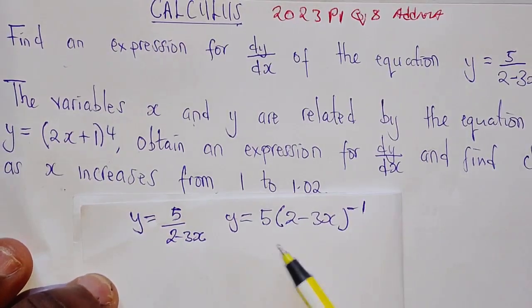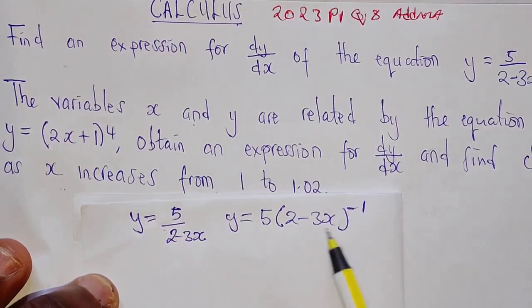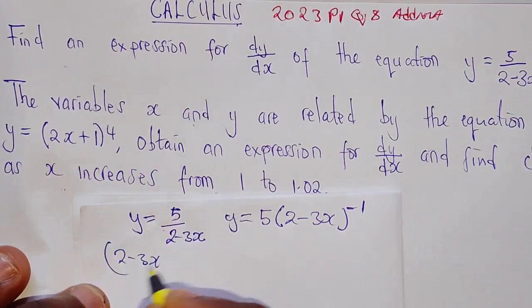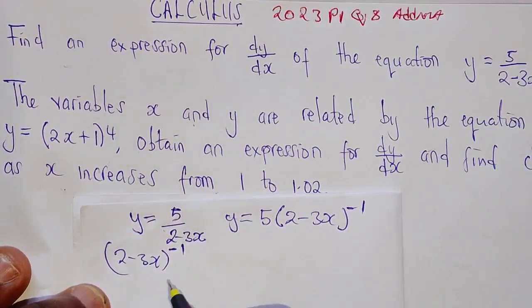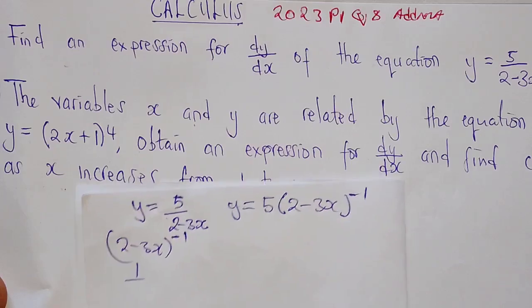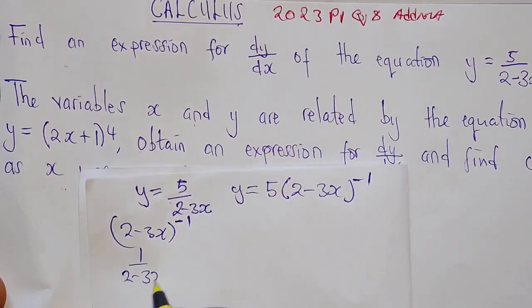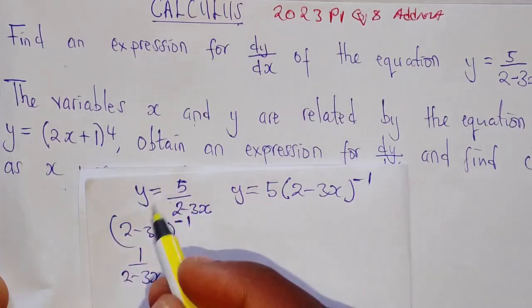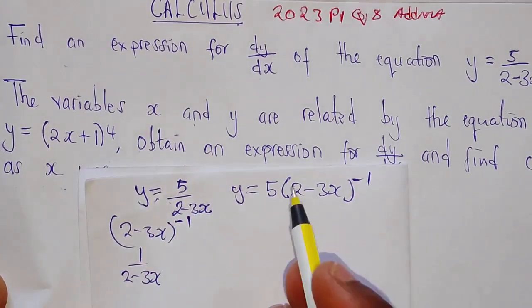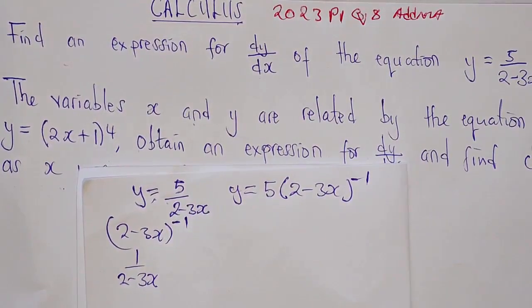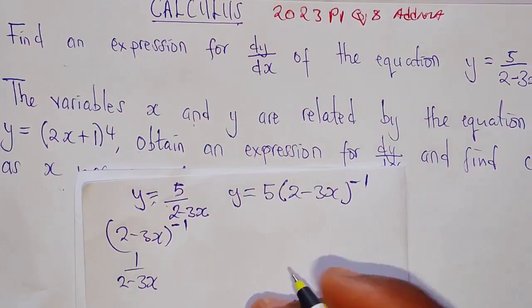Writing it like this is the same, because (2 minus 3x) to the power negative 1 means 1 over 2 minus 3x, and when you multiply 1 over 2 minus 3x by 5, you are brought back to this equation. So having rewritten it this way, we can now differentiate.